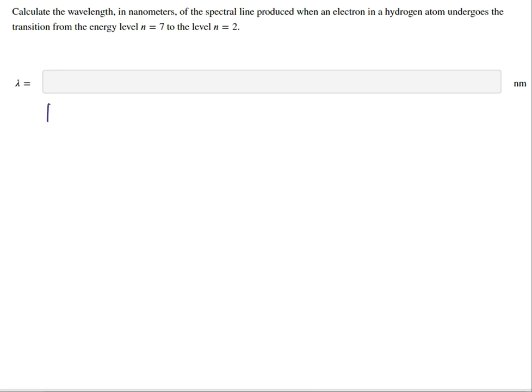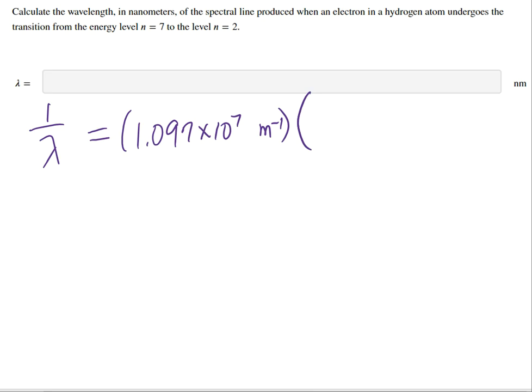And so again, 1 over the wavelength, so this is what we're trying to find out, equals the constant, 1.097 times 10 to the 7th inverse meters, times the difference of 1 over, we're starting at the 7th level, we're going to the 2nd level.